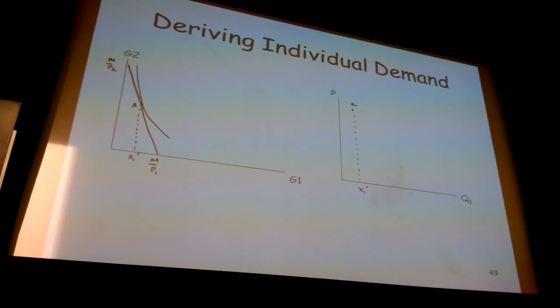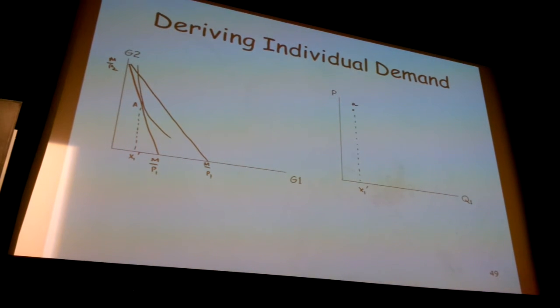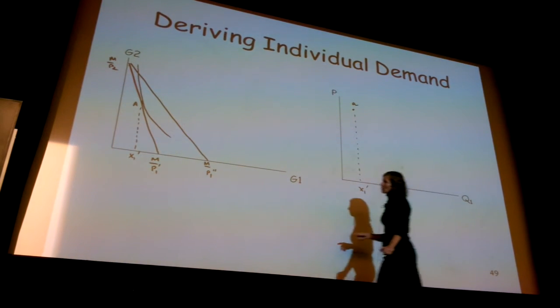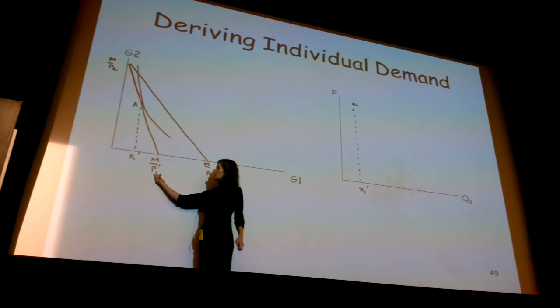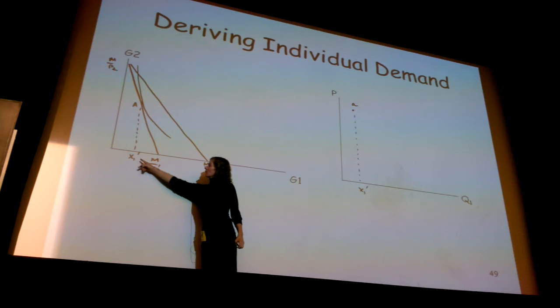Now let's suppose that the price of good one falls by a little bit. I'm going to call that m over p1 double prime. First, I'm going to go back and label this first intercept m over p1 prime, and that led to this optimal consumption bundle of x1 prime.